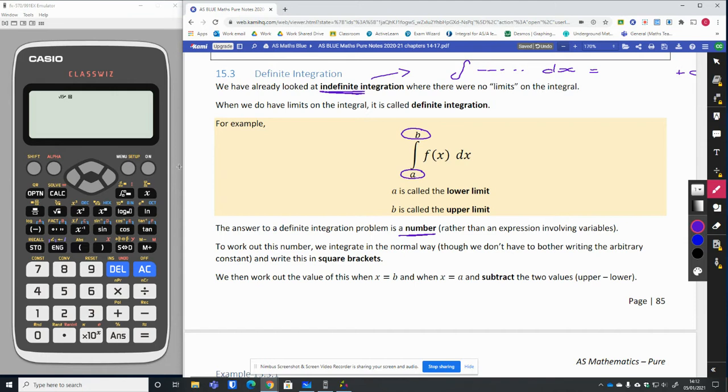We will put a meaning on this later, but what it is actually doing, if we want the graphical reason for it, is giving us the area beneath the curve. So if we have some sort of curve and I integrate between two values a and b, it will give me this area here.